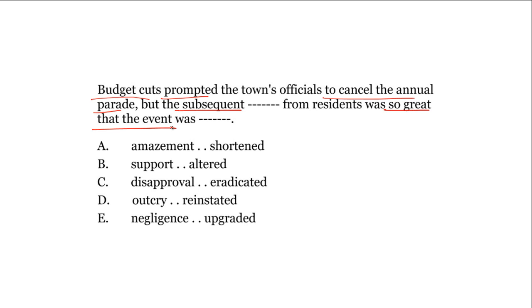Start with the word blank that you think is easier. I think the second word blank is easier. The word will have a positive tone, and it's going to be the opposite of cancel. I'm going to just use put on. Okay, I'm going to work on the second word blank, but subsequent, negative tone, complaint.